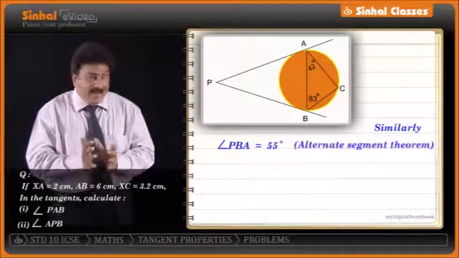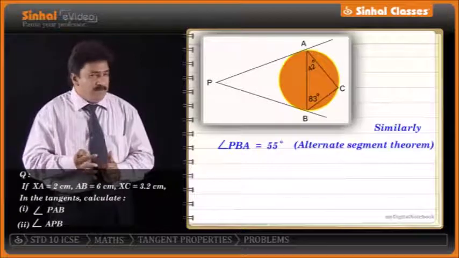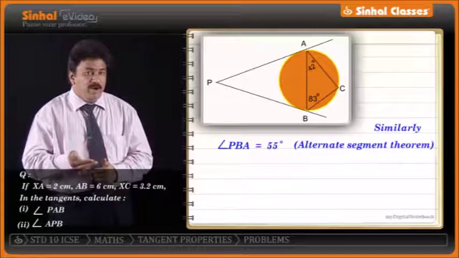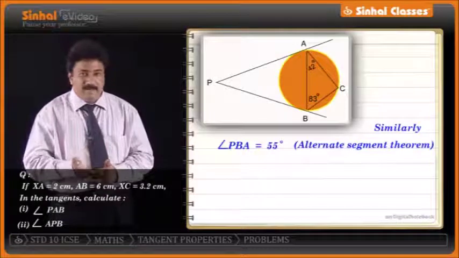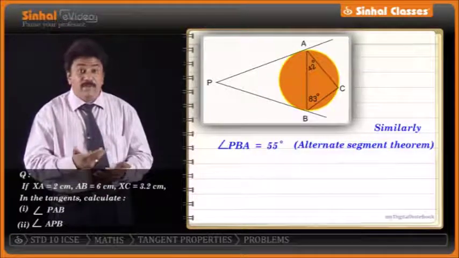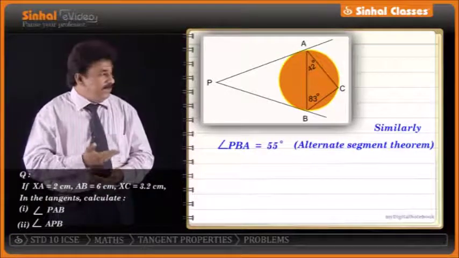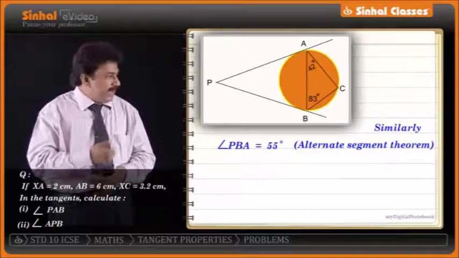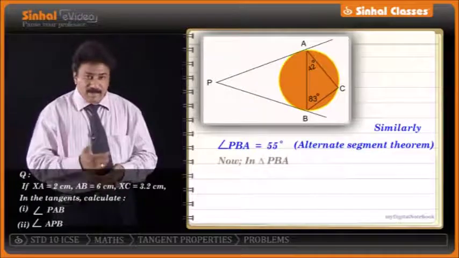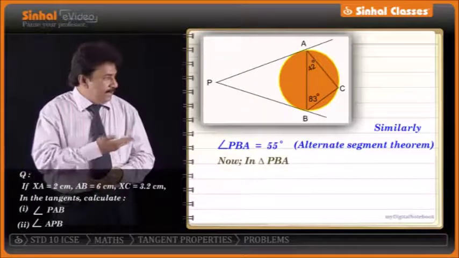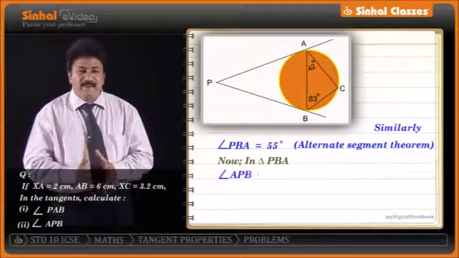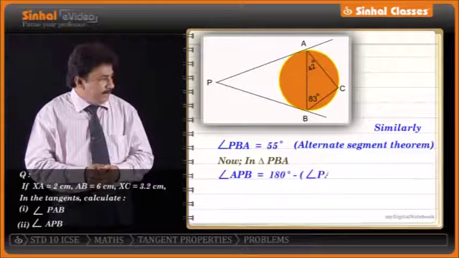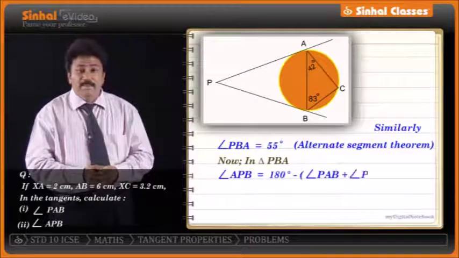So finally in triangle APB, what did I get? The measurement of angle PAB is equal to the measurement of angle PBA. So what is left now? To find the measurement of angle APB. How will I do this? In triangle PBA, measurement of angle APB is equal to 180 minus, in the bracket, angle PAB plus angle PBA.